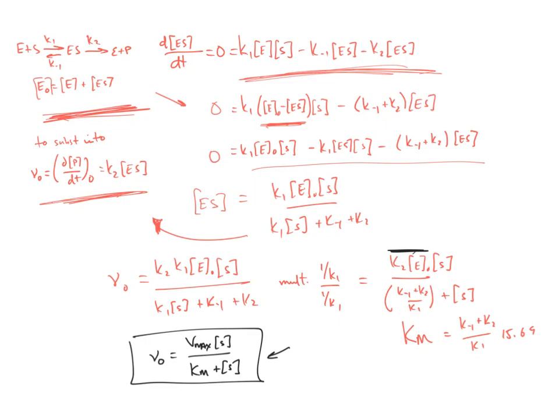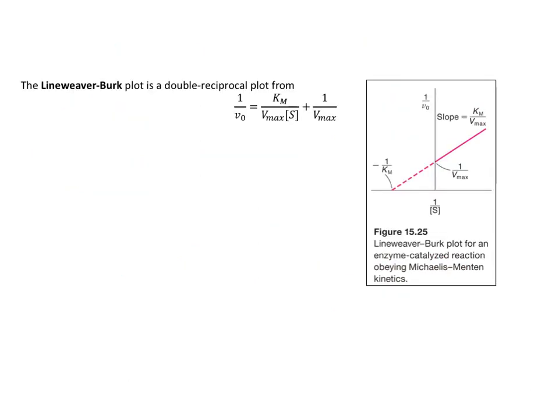Now, getting data for this involves some graphing. As we said, it can be very difficult to get accurate values of Vmax in an experimental setting, but getting this for reasonable experimental data comes to Lineweaver and Burke.